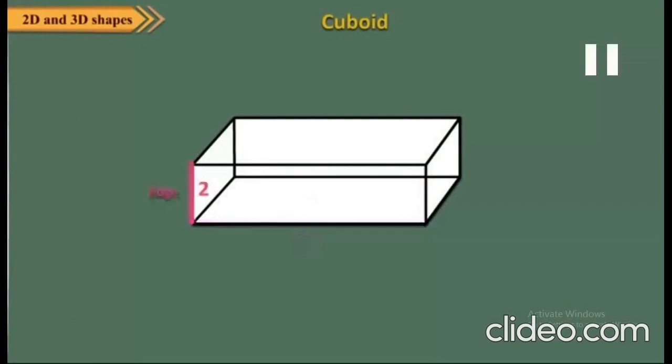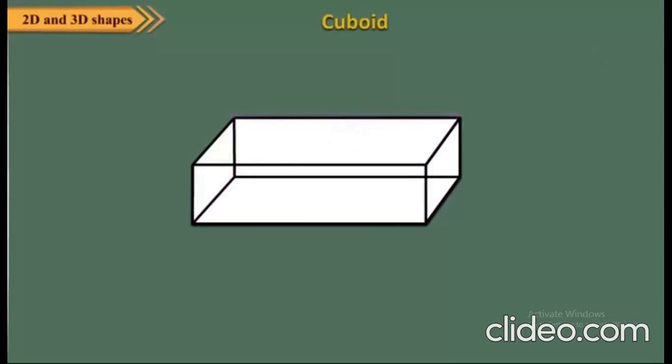Cuboid has 1, 2, then 3, 4, 5, 6, 7, 8, 9, 10, 11 and 12. 12 edges. Then how many vertices?